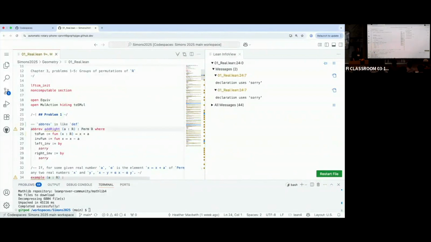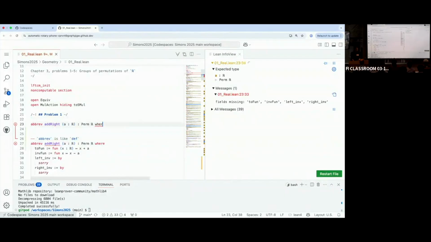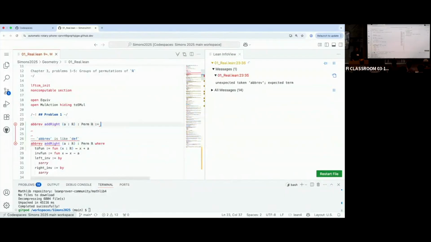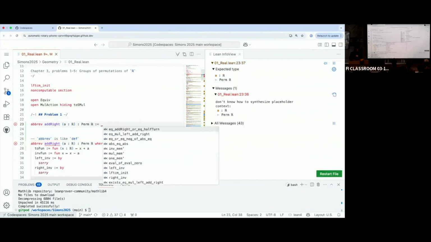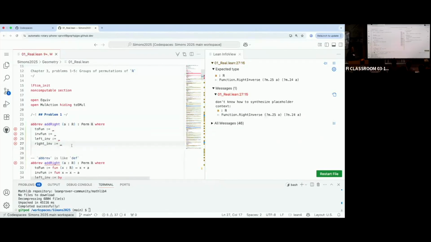And let me show you how you would come up with that. If I knew I wanted to define such a function, and I didn't know what the pieces were, this is quite a useful trick. You can press an underscore, and I get this blue light bulb here, and I press generate a skeleton, and it tells me what the four pieces are. So this is a very useful trick.